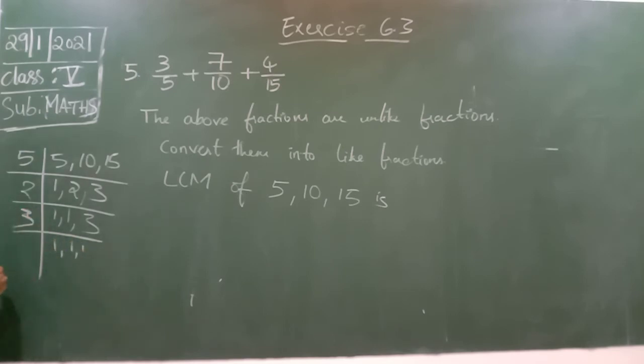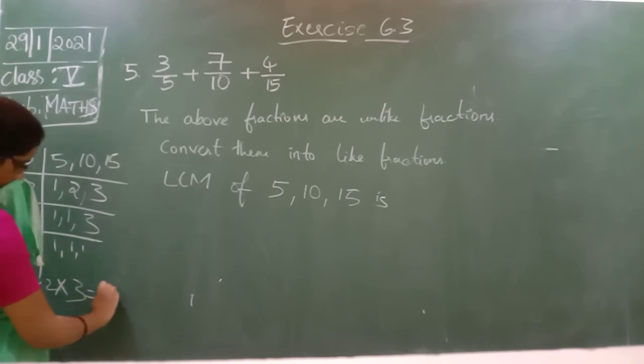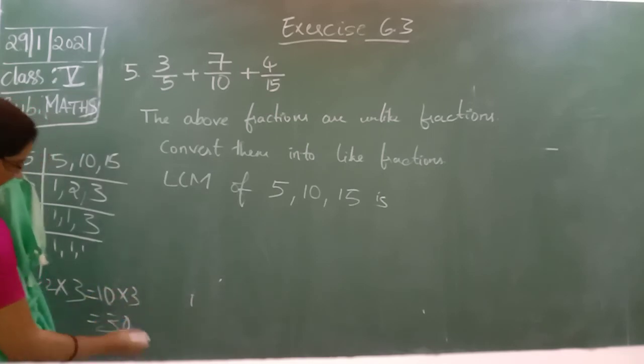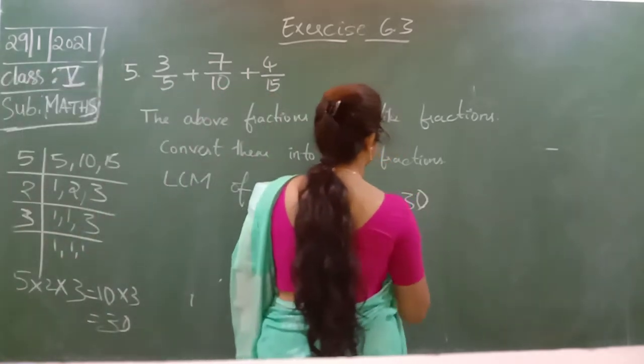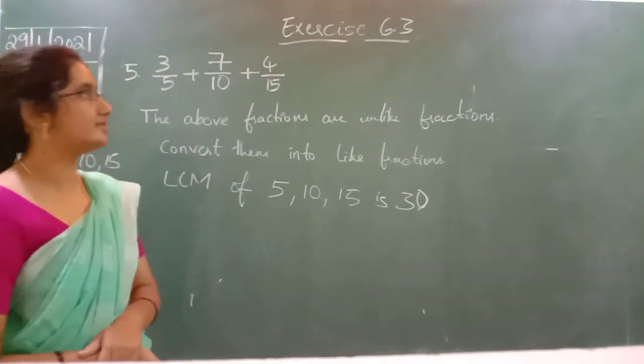So what is the LCM? 5 into 2 into 3. 5 twos are 10. 10 into 3 is 30. LCM of 5, 10, 15 is 30.